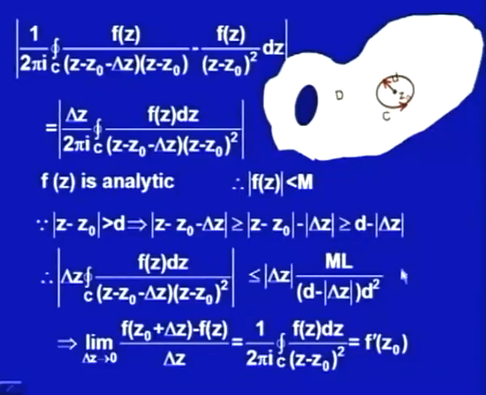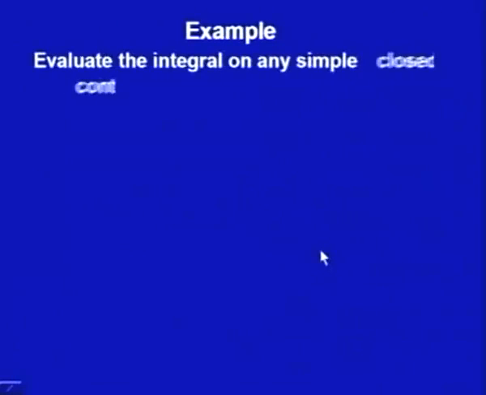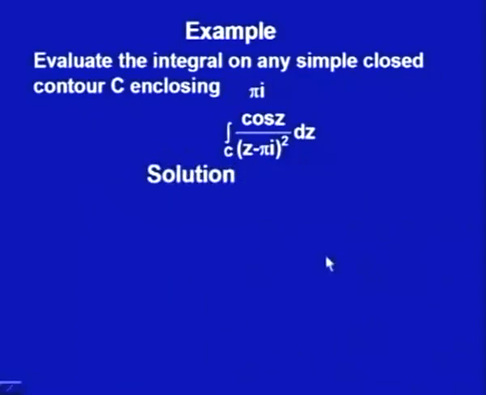So, now let us see how this formula or this theorem is going to be helpful in evaluation of integrals. Let us say, evaluate the integral of cos z upon (z minus pi i) whole square dz on any simple closed contour C enclosing pi i. Suppose this is a closed contour where pi i is the interior point.